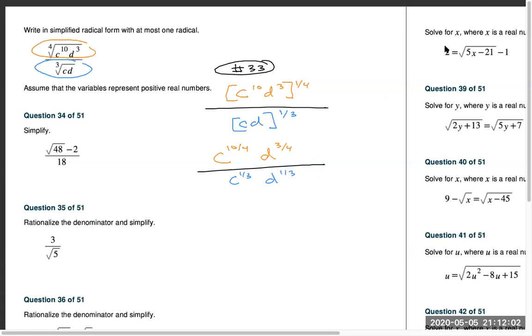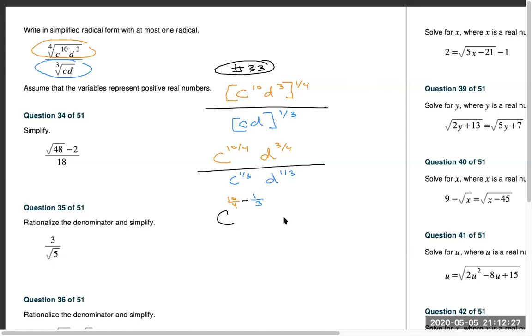Here's where you use your exponent rules. So you're going to have C to the 10/4 minus 1/3 for the power.